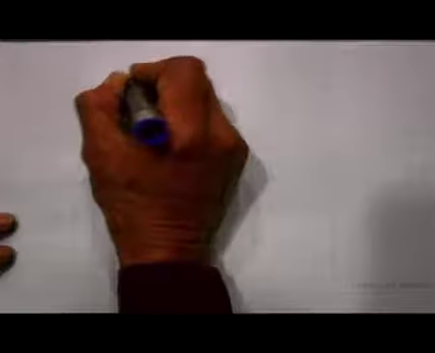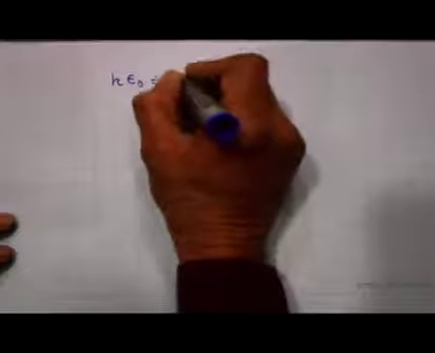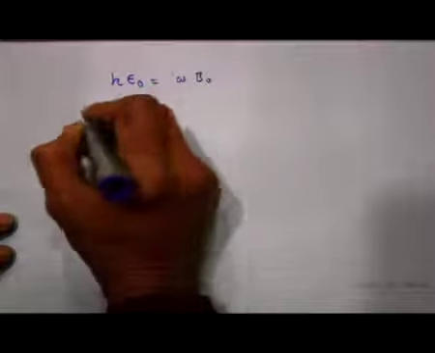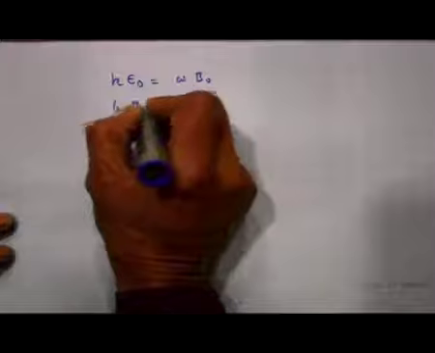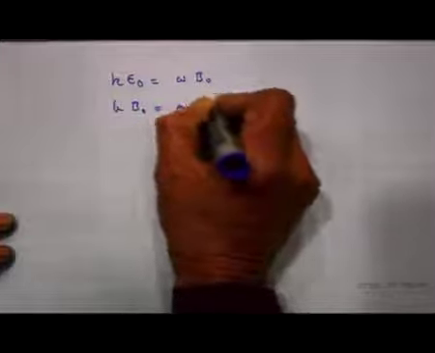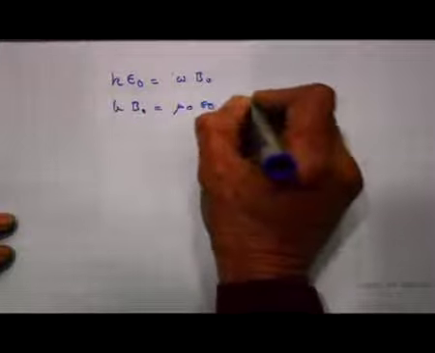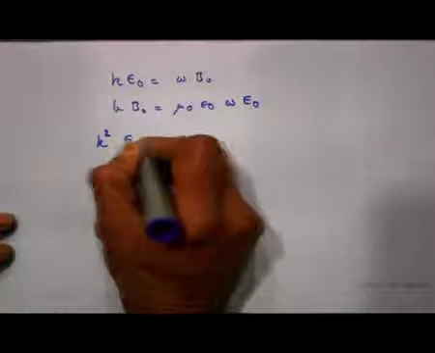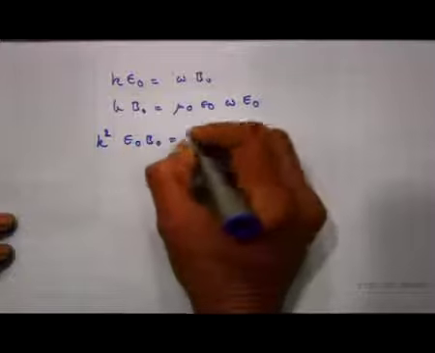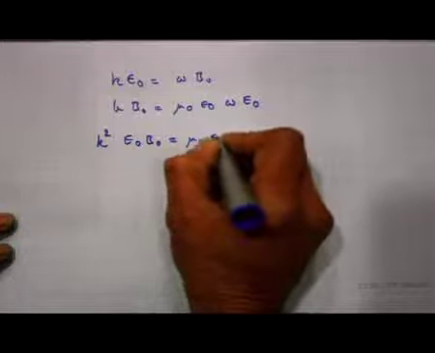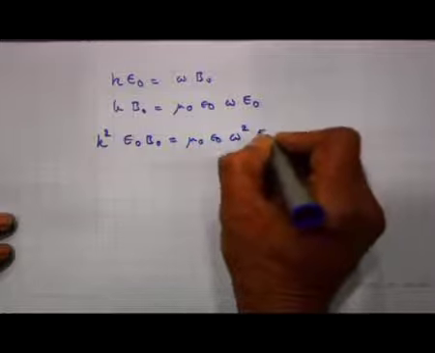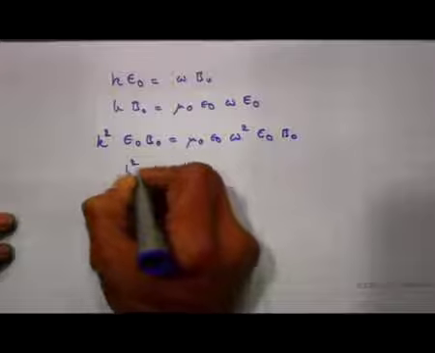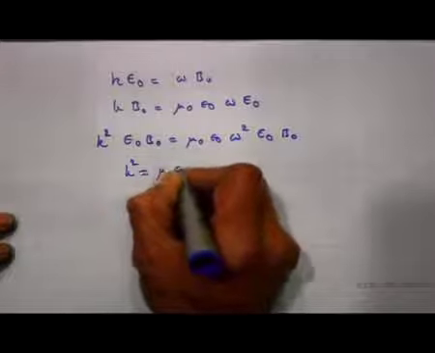I have two equations now. k times E naught is equal to omega times B naught, and k times B naught is equal to mu naught epsilon naught omega E naught. So, let me multiply both these equations. I get k square E naught B naught is equal to mu naught epsilon naught omega square E naught B naught. So, if I cancel off E naught B naught, I get k square is equal to mu naught epsilon naught omega square.